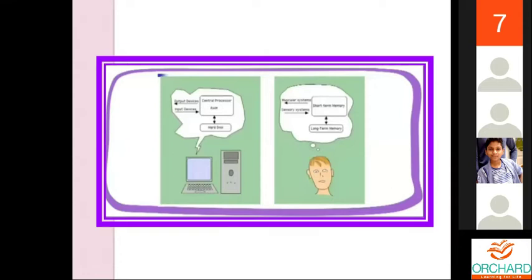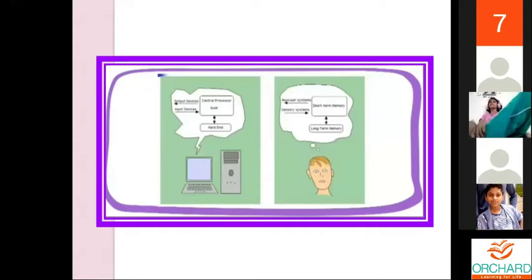Short-term memory saves the data for a short period of time. Long-term memory saves the data for a long period of time. For example, for short-term memory, RAM, random access memory, is the best example. And for long-term memory, hard disk is the best example.